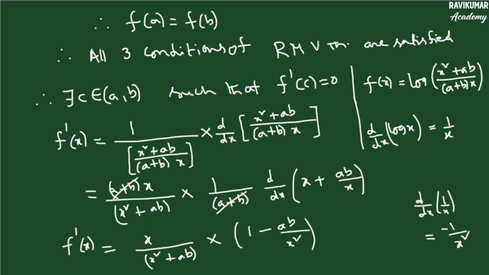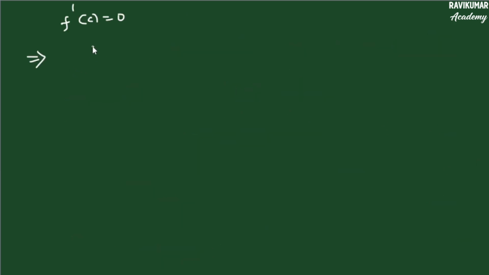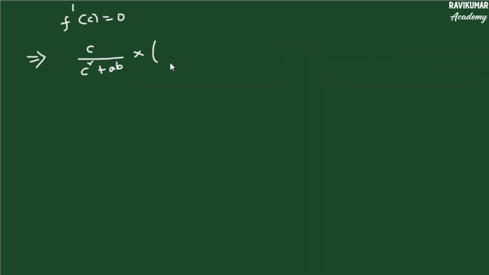Now we need to consider f dash c equal to 0. So then what is f dash c? F dash c is equal to 0 implies, what is f dash x? It is x by (x square plus ab) into (1 minus ab by x square). So it must be c by (c square plus ab) into (1 minus ab by c square) equal to 0.